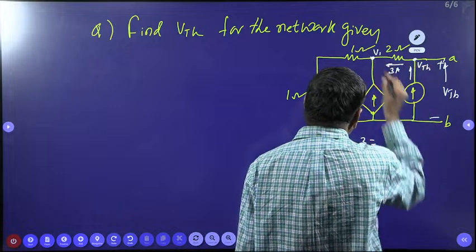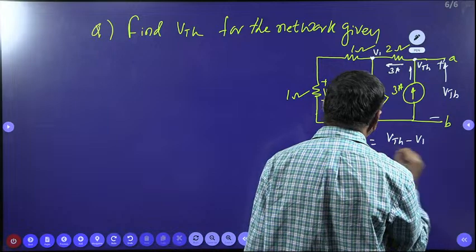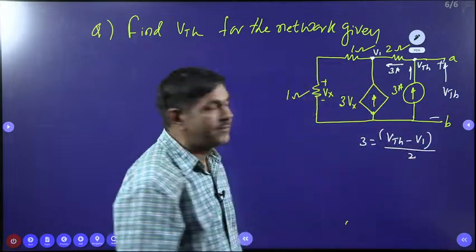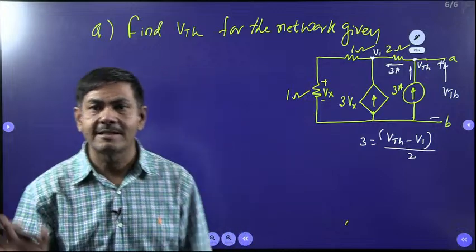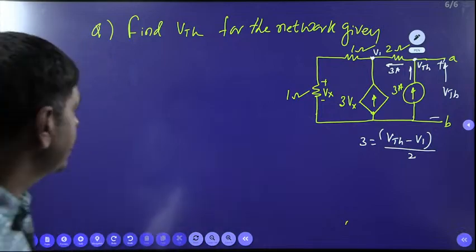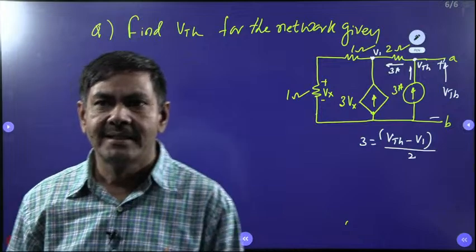According to Ohm's law, it is VTH minus V1 by 2 ohms. So what is required from this equation? V1 is required. Once you know the voltage V1, the problem is very simple. Directly you can calculate the required value.